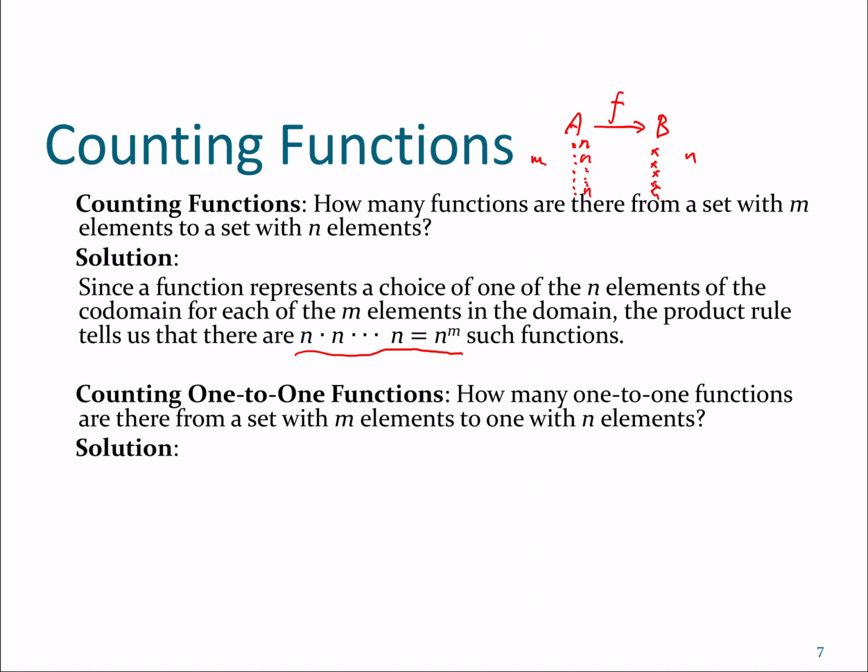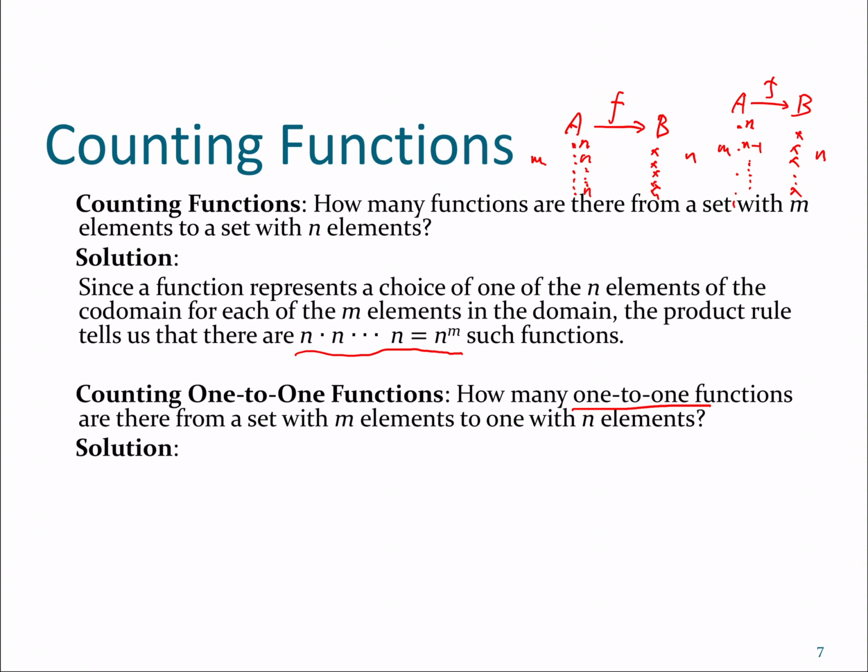Next question is how many one-to-one functions are there from a set of m elements to a set with n elements. So therefore, go back to here. Again, you can consider going from A to B. If the first element has taken a choice, which has n choices, the next one should have n minus 1 choices, and the next one should be less and less.